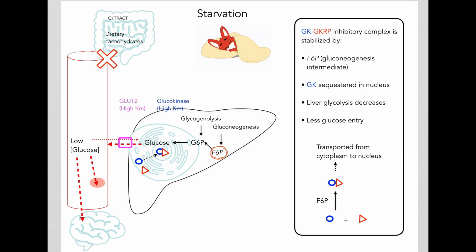Now, fructose 6-phosphate actually stabilizes this complex formed between glucokinase and the regulatory protein, GKRP. So this gluconeogenesis intermediate makes this complex stable, thereby stopping the activity of glucokinase. And then this complex is transported from the cytoplasm into the nucleus.